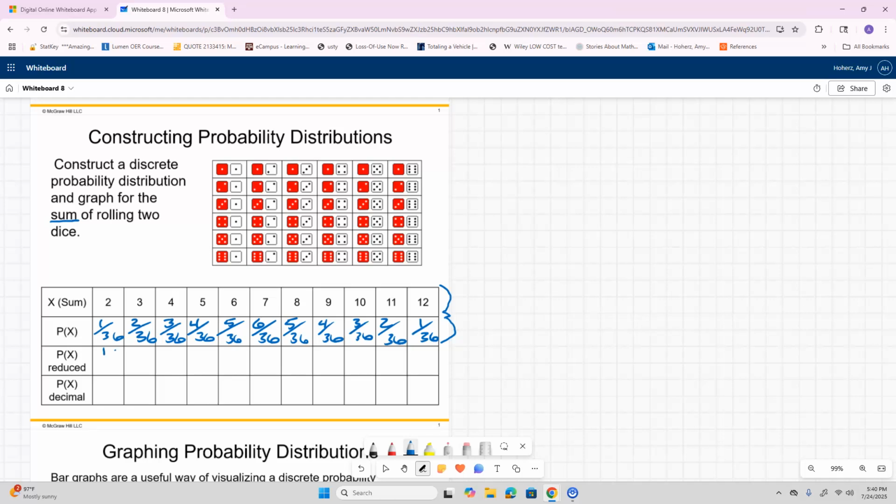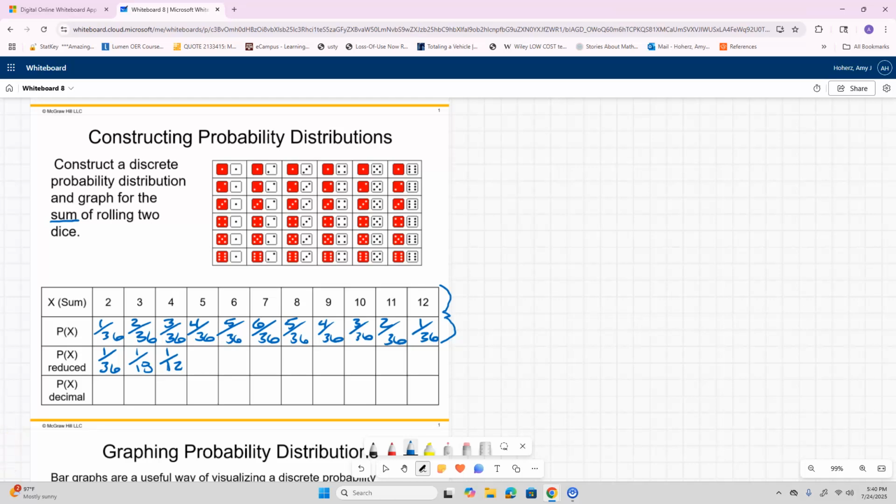Now, 1 out of 36 can't be reduced because we already have a 1 on top. 2 out of 36 could be reduced to 1/18. 3 out of 36 could be reduced to 1/12. And you don't have to do these in your head. You can do them on your calculator. Remember, we talked about how you could just type those in and then hit equals.